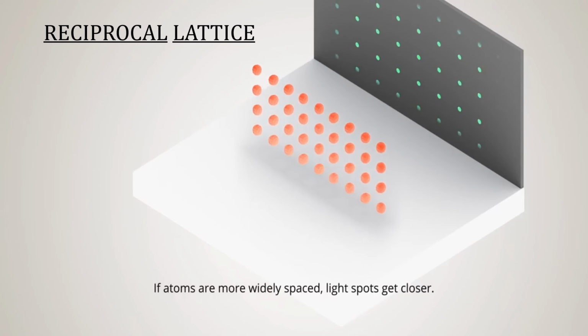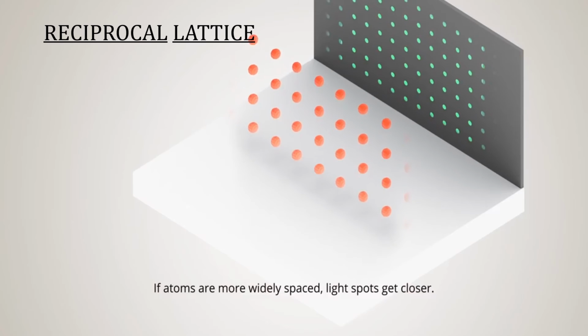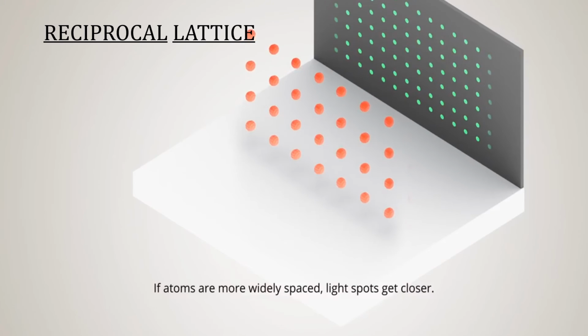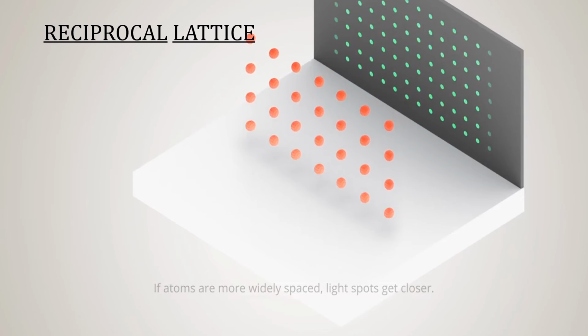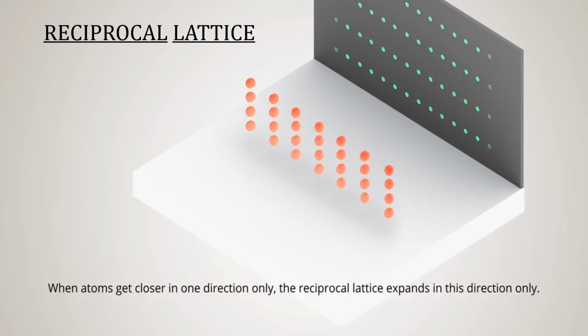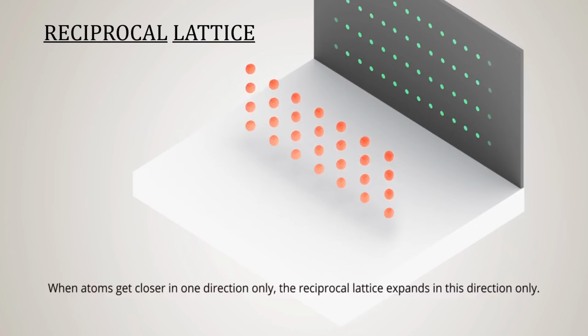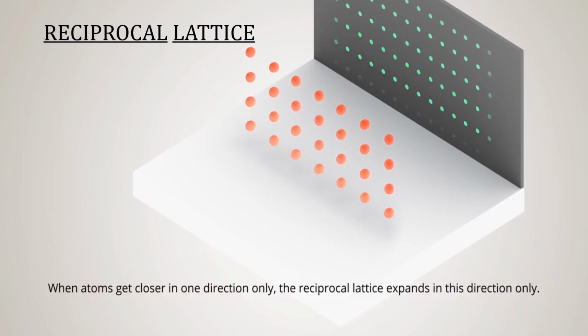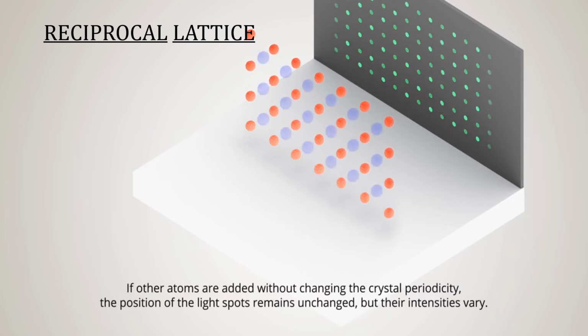If the atoms are more widely spaced, then these light spots get closer, and if the atoms are more closely spaced, then these light spots expand. If other atoms are added to the crystal without changing the periodicity, then the positions of the light spots remain unchanged, but the intensities get varied.